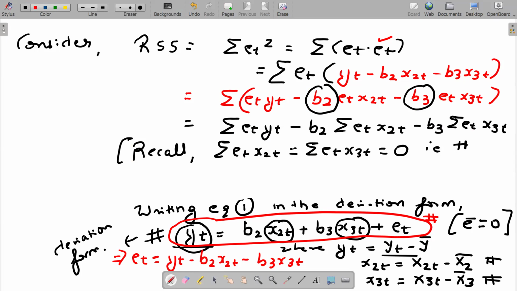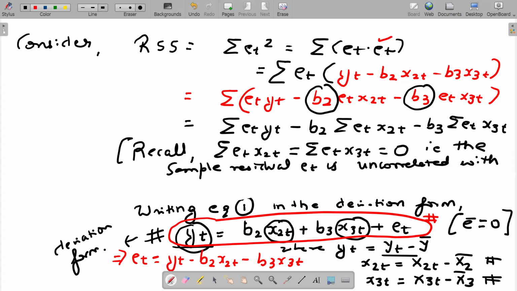That is, the sample residual et is uncorrelated with the xi's. This is one of the assumptions we had made in our classical linear regression model and the multiple regression model as well. That means, guys, this is 0, this is also 0.